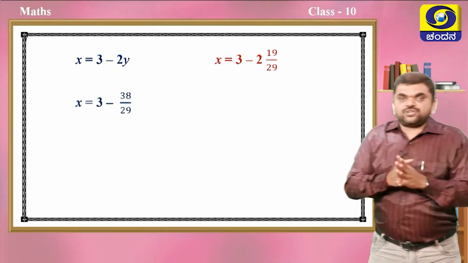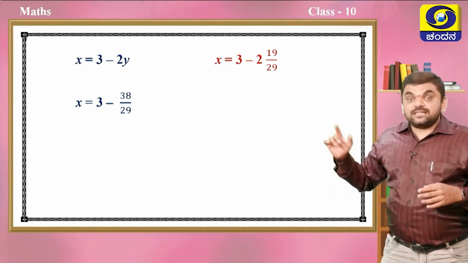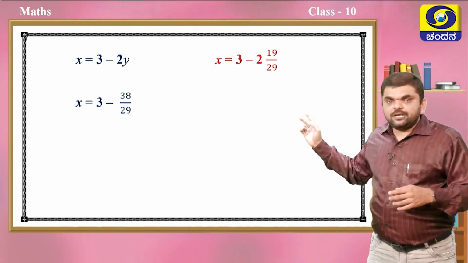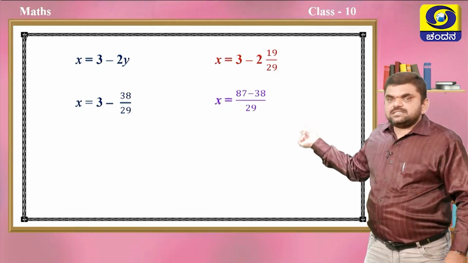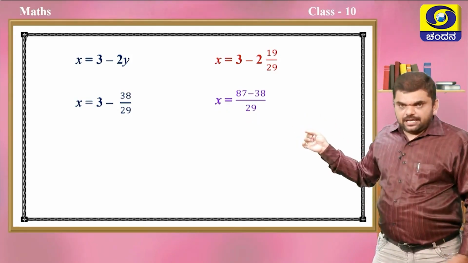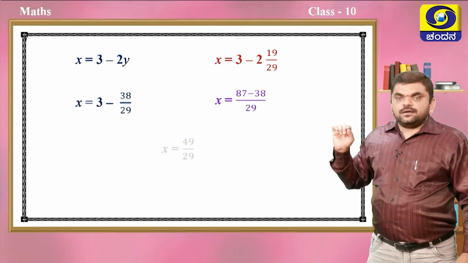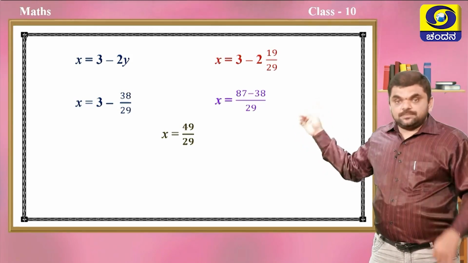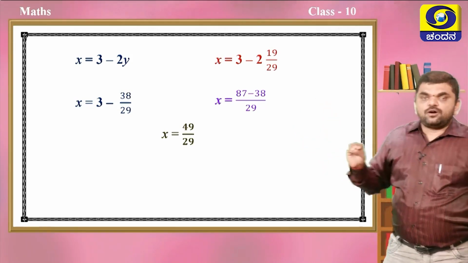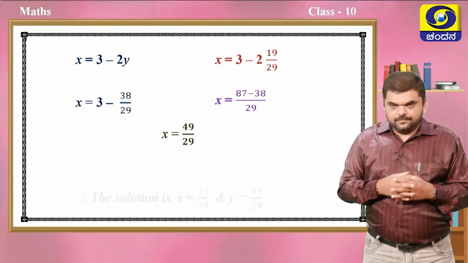On simplification we get x is equal to 3 minus 38 by 29. On simplification we get 87 minus 38 divided by 29, which means here we took the LCM, that is 29, and we are simplifying. x is equal to 49 by 29.